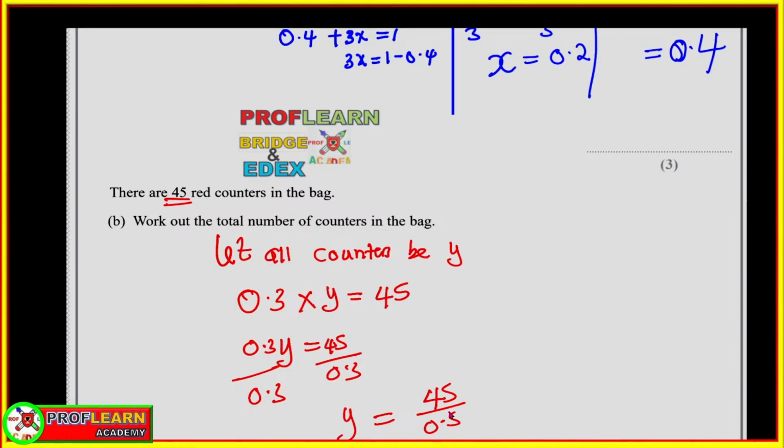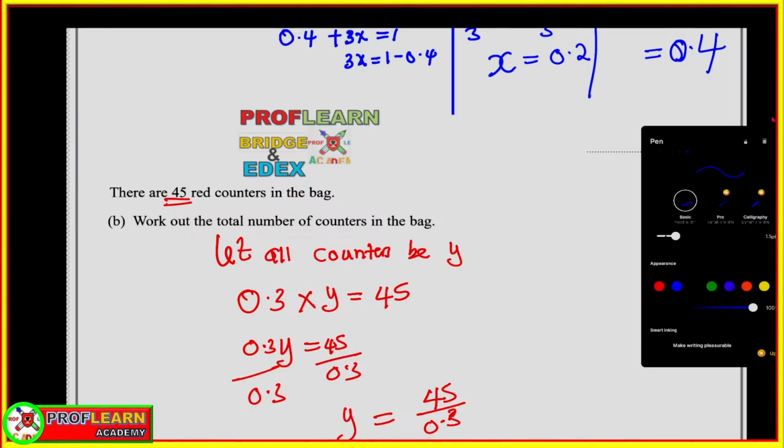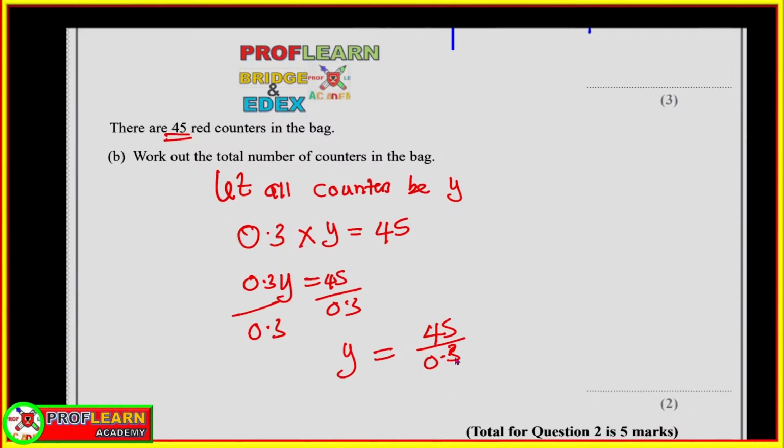And for you to work out a question like this, whereby you are not having a calculator, what you are going to do is to times by 10 top and bottom, so that the decimal here will cancel.